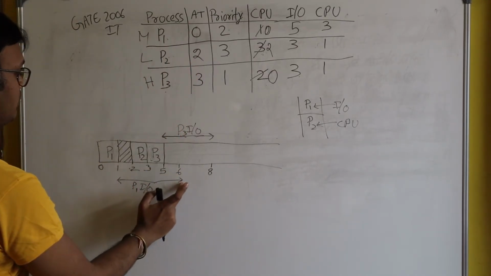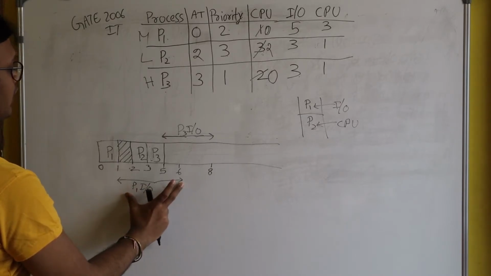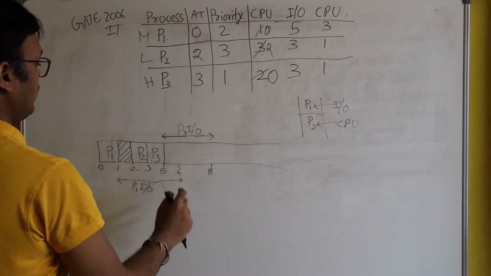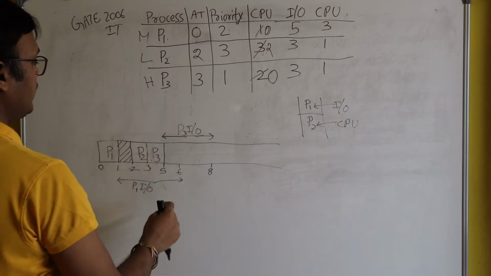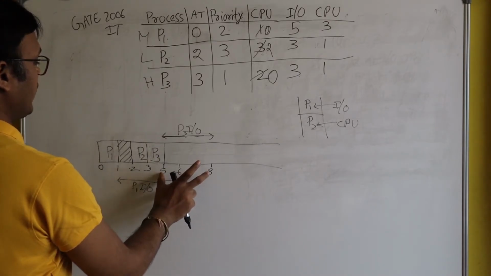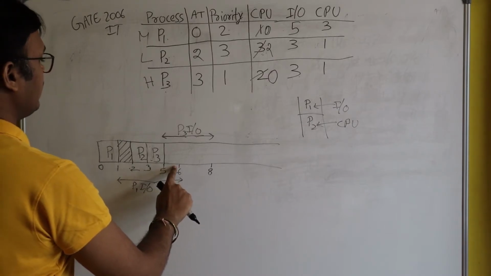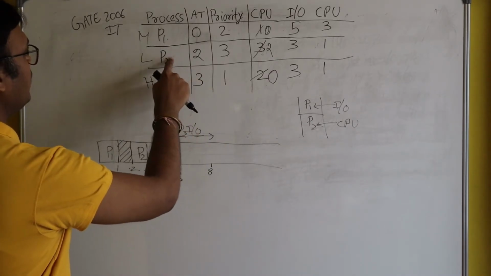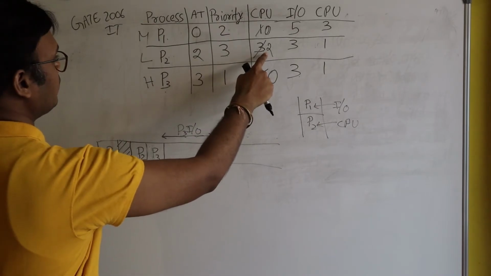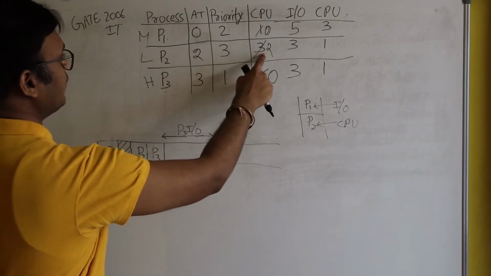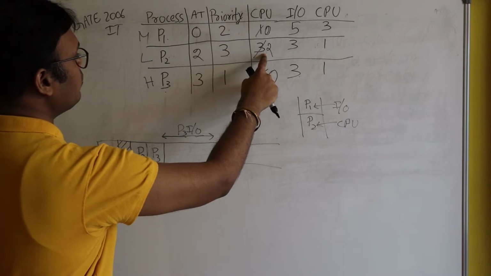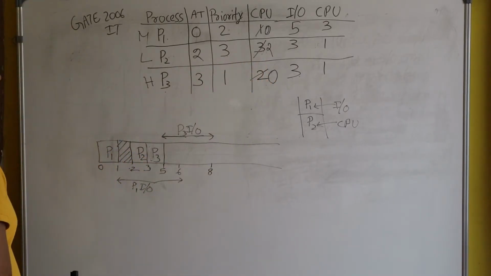Because process P1 is busy till 6 seconds with IO. And process P3 is busy with IO from 5 second to 8 second. So in this 5 to 6 second, the CPU can be given to P2 so that it can run its remaining CPU of 2 seconds.